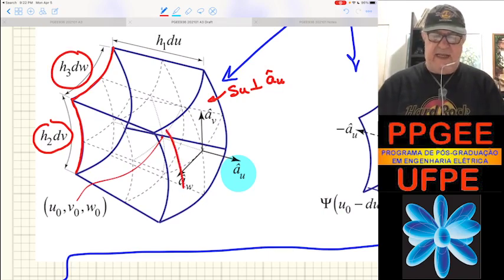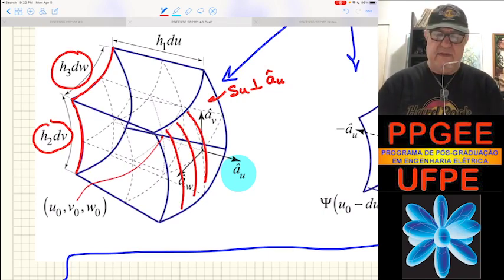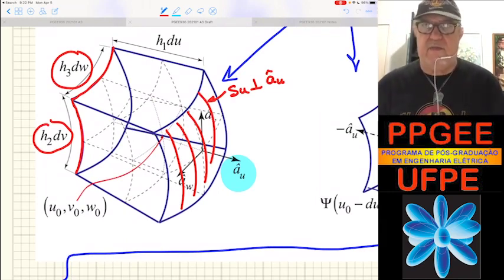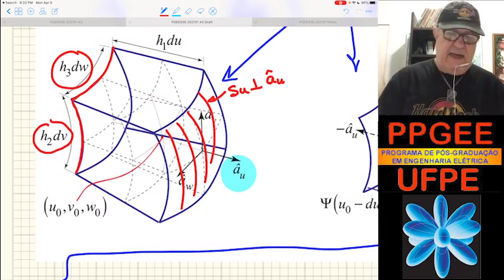So this is the S_u surface. We have one surface in the front part of this curvilinear cube, and the back part is here.